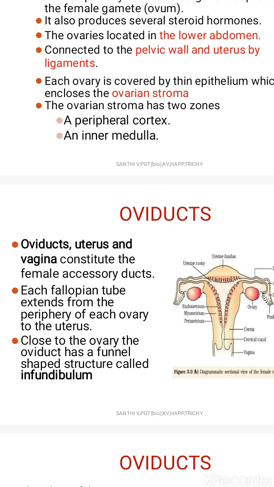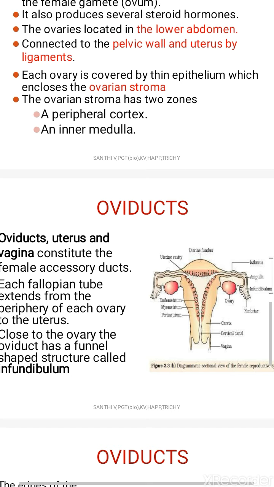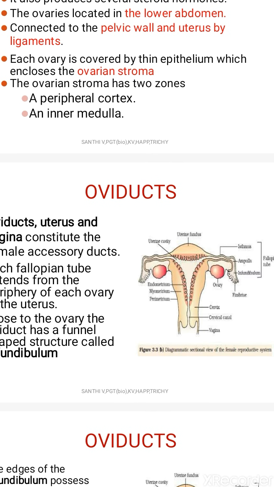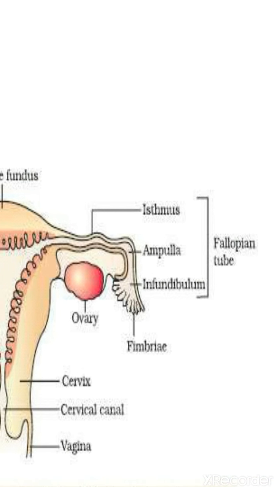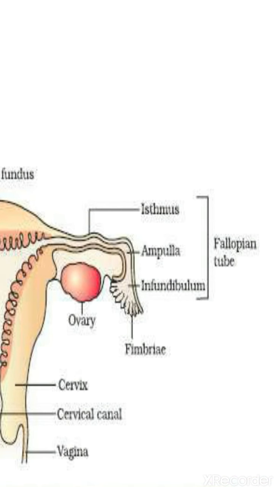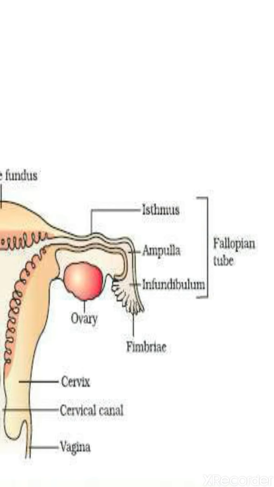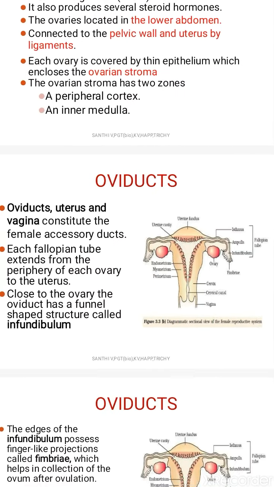First let us see the oviducts. The oviducts, uterus and vagina are the female accessory ducts. The fallopian tube consists of three portions: infundibulum, ampulla and isthmus.